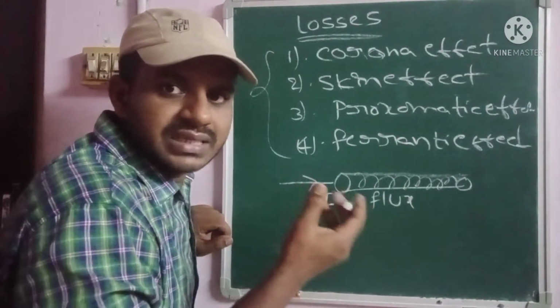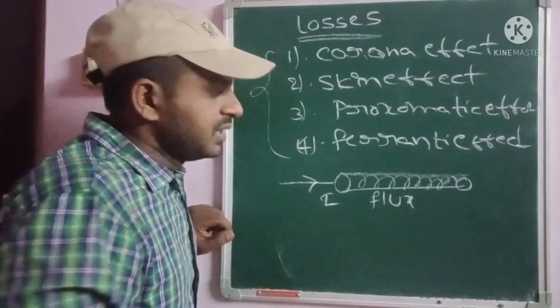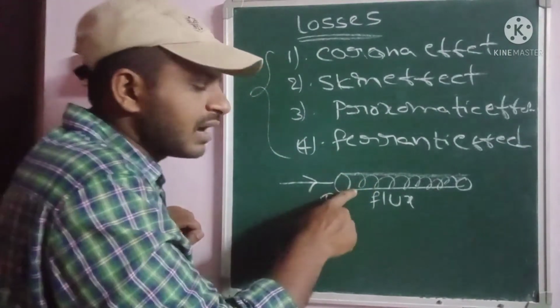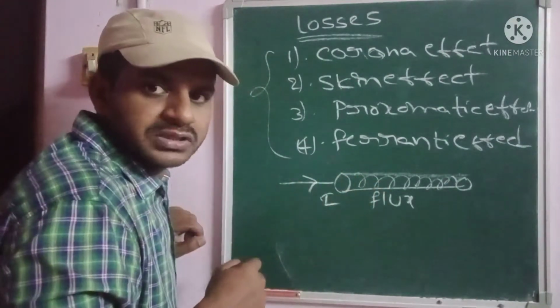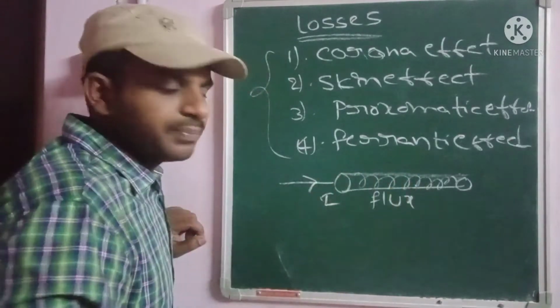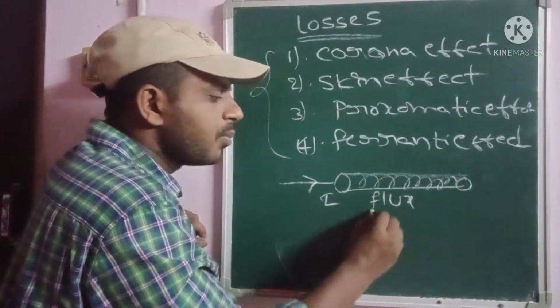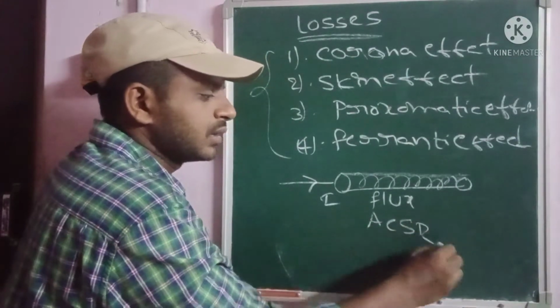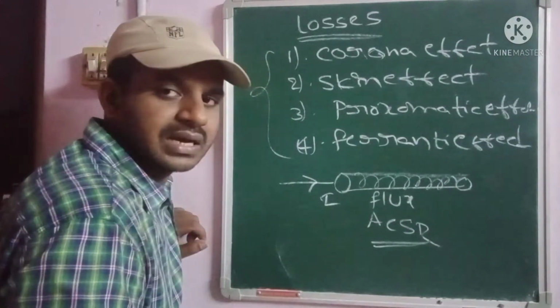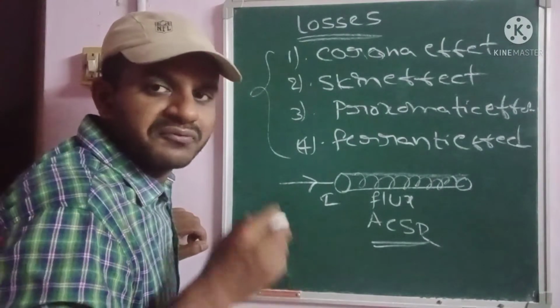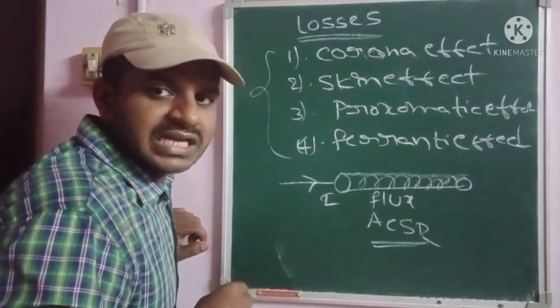Generally, ACSR conductors are mostly used in transmission line systems.